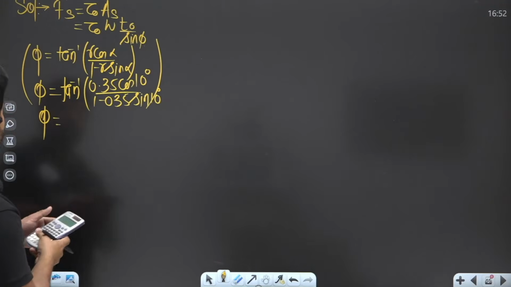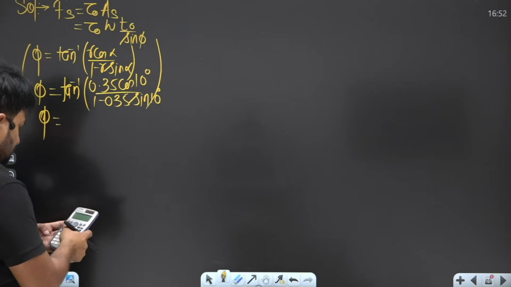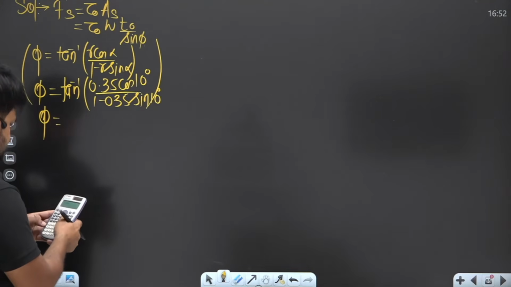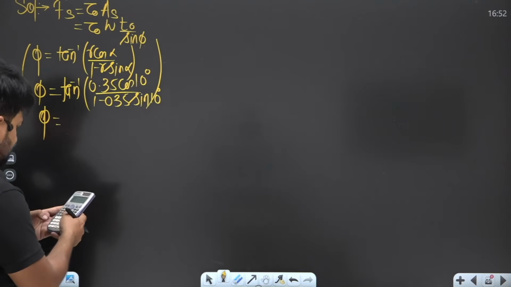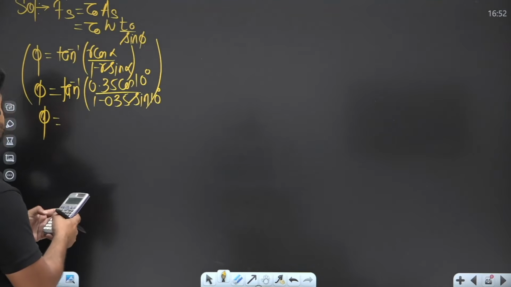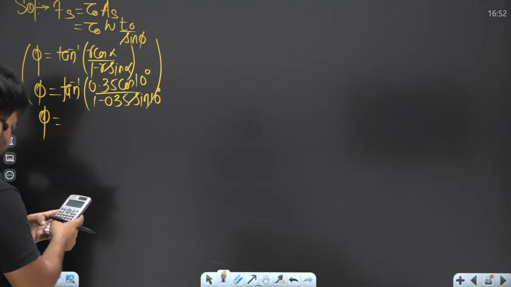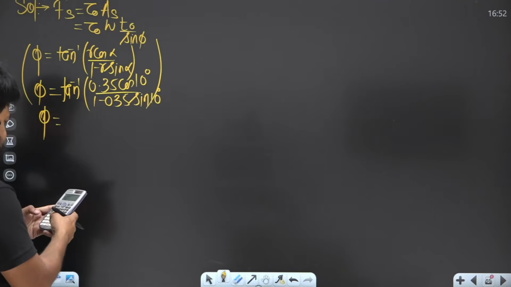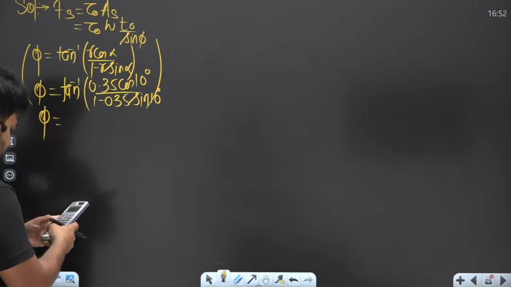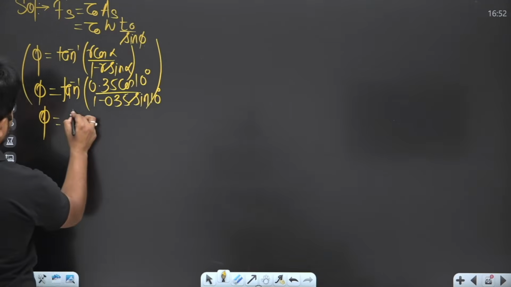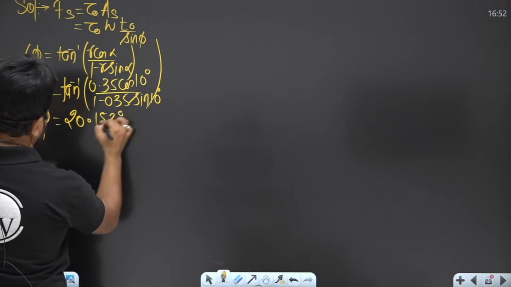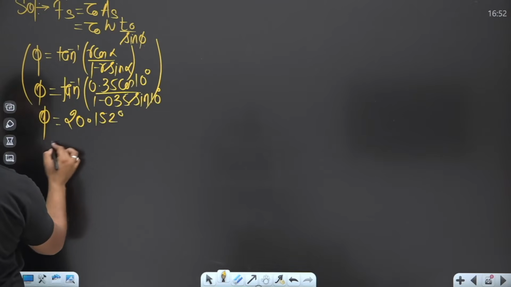So what will be the value of phi? 0.35 into cos 10 degrees divided by 1 minus 0.35 into sine 10 degrees. So here phi will become 20.152 degrees.